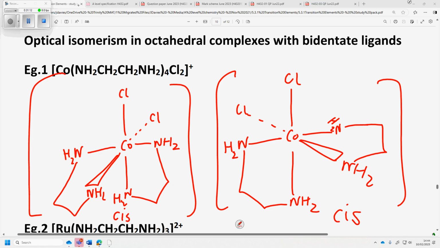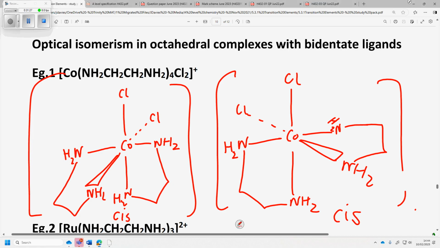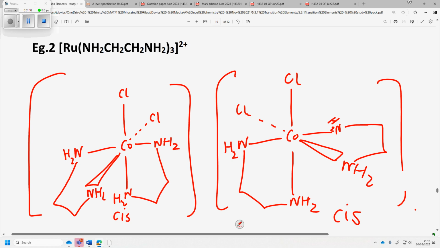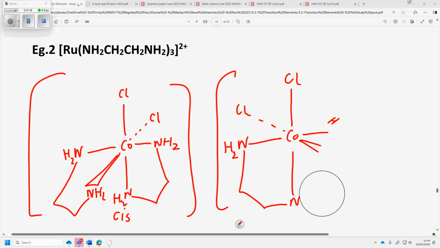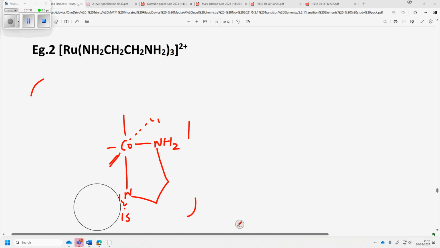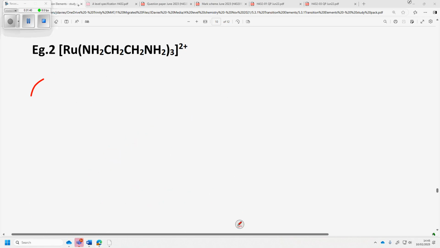The cis isomer has a mirror image that is non-superimposable. That is not true for the trans isomer. And our final example: if I take an octahedral transition metal complex that has three bidentate ligands, I can get optical isomerism.